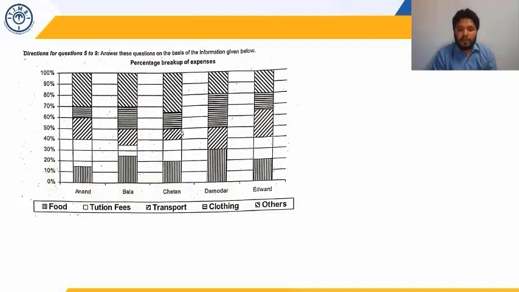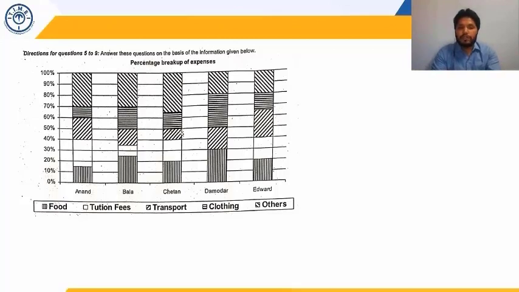So there are five people here, Anand, Bala, Chetan, Damodar and Edward, and we have been given the percentage breakup of their expenses. Their expenses are divided into food, tuition fees, transport, clothing and others. So they are spending on these five factors.